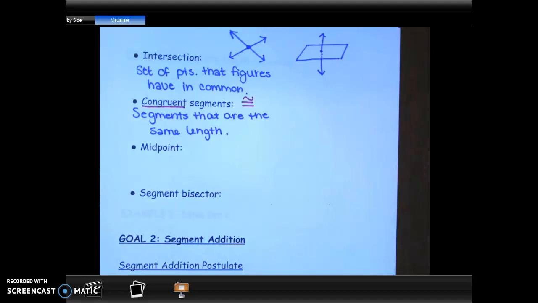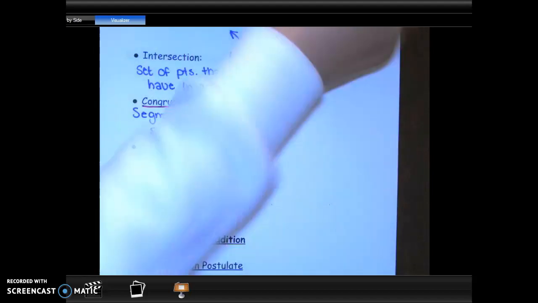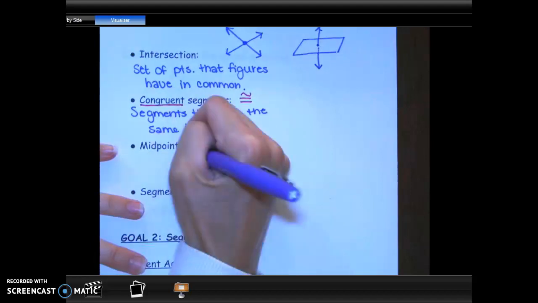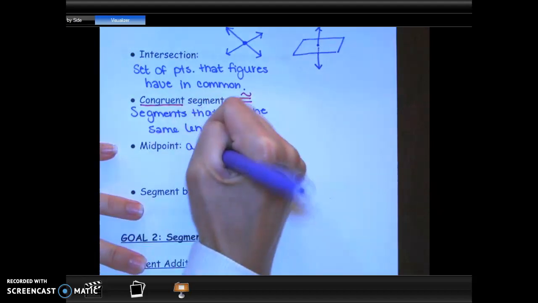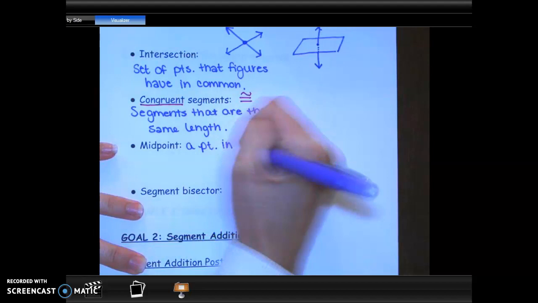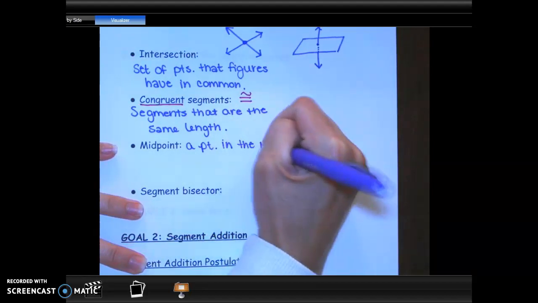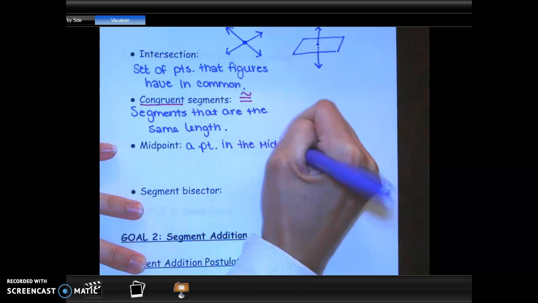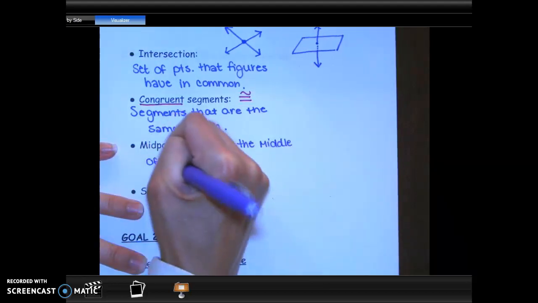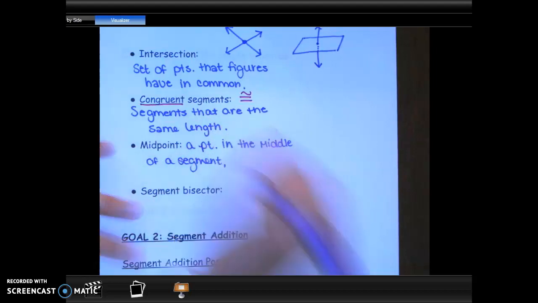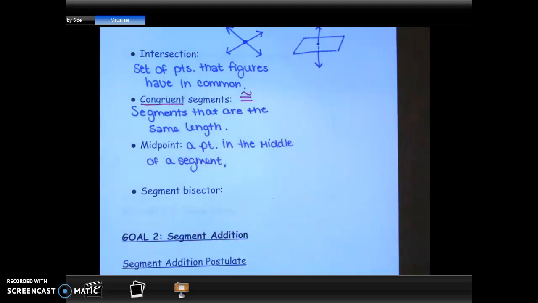Okay? All right, midpoint. A midpoint is going to be a point in the middle of a segment. Key thing you want to remember is that it's creating two congruent segments.